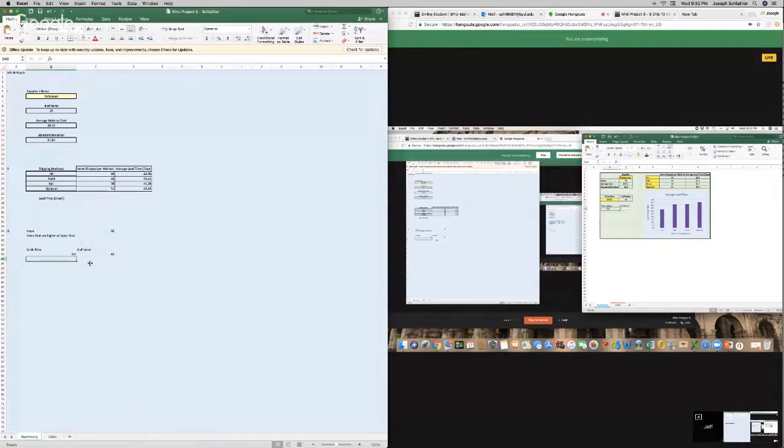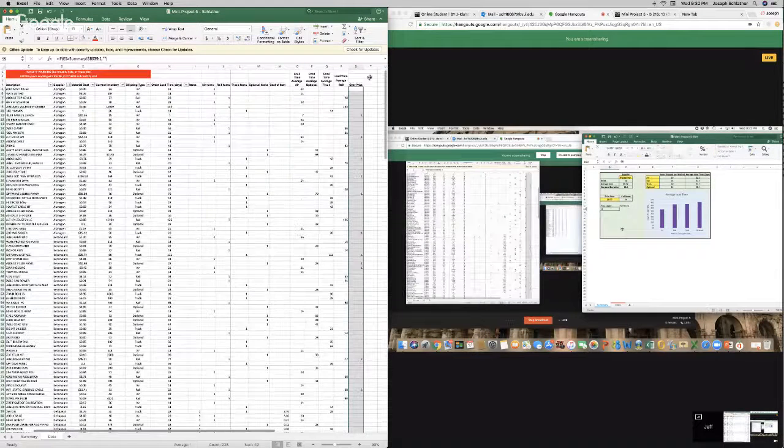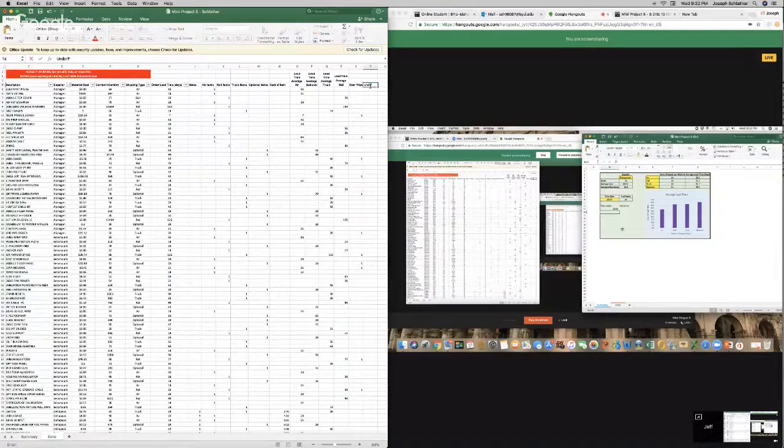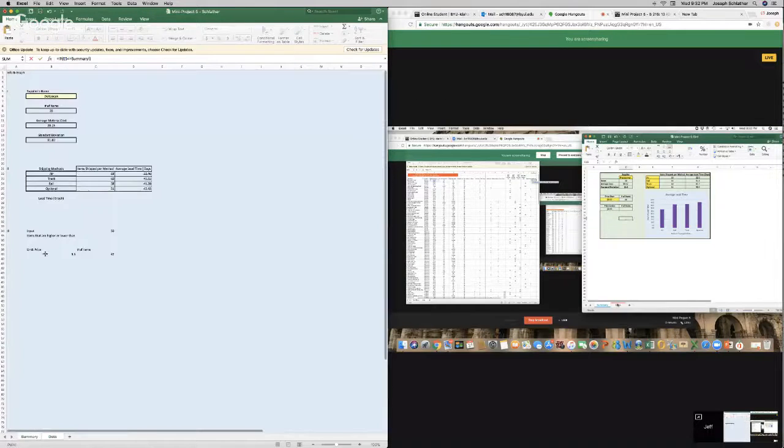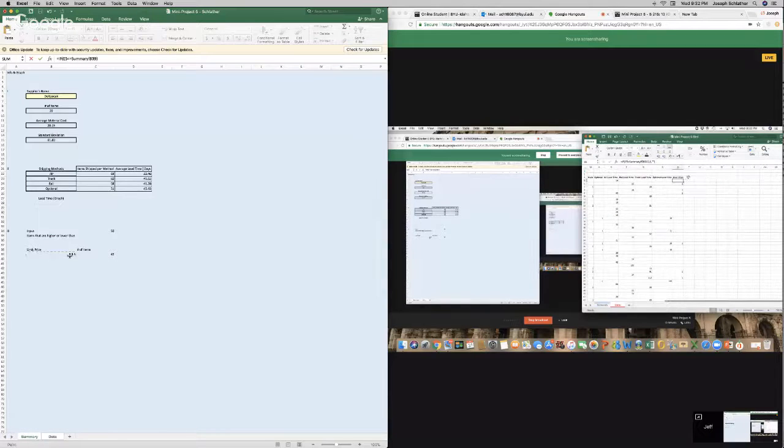So one of them would have to be an equal to or less than. Equals if that is less than or equal to that.